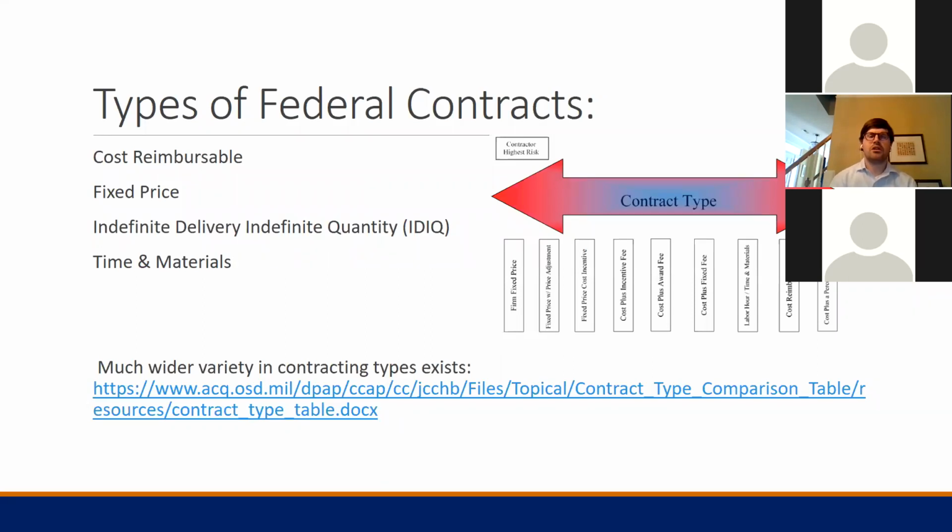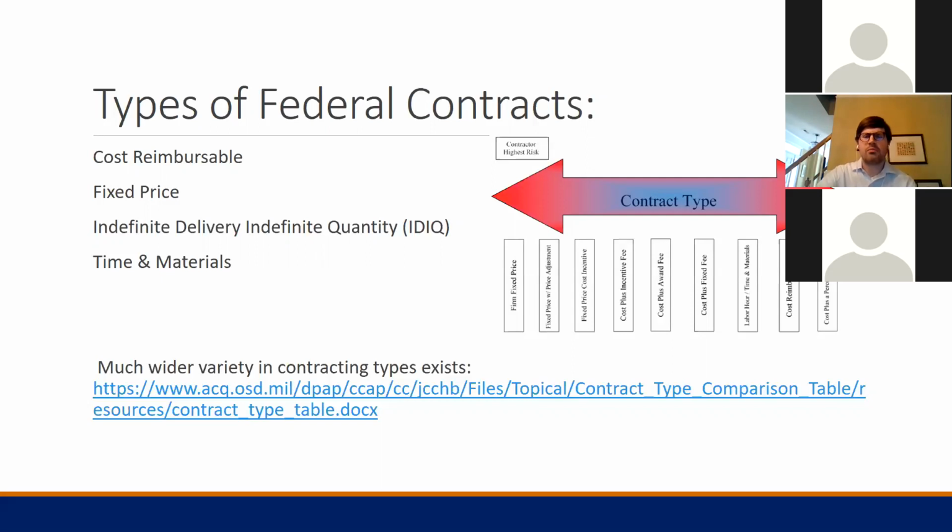And then I'll just touch on indefinite delivery, indefinite quantity, or IDIQ, which is more of a contract type as opposed to the payment terms, because that is something that we as sponsored researchers encounter. And then also just touch on a time and materials contract. I threw the link in here just to emphasize that there's a very broad array of contracting vehicles that are available. And I have another slide that'll demonstrate that.